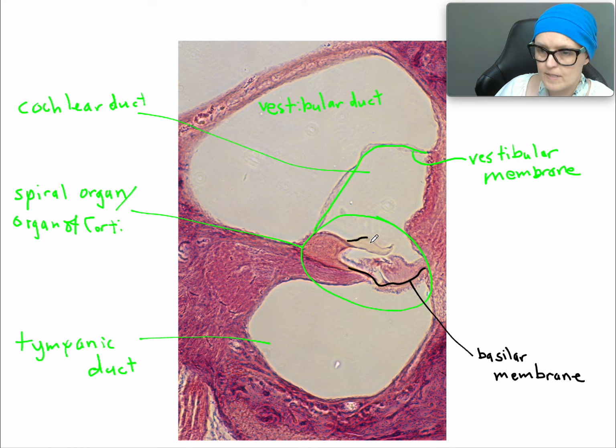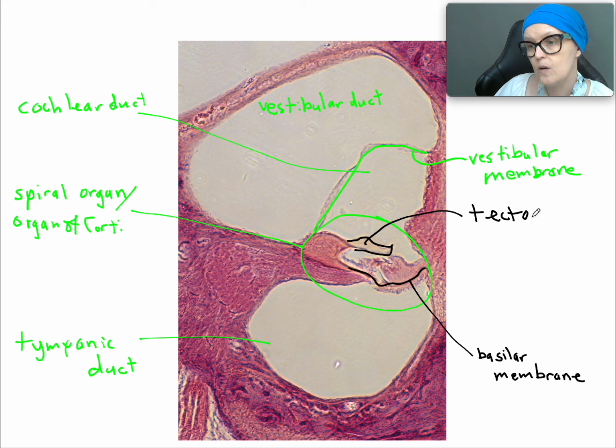Okay, and then what is this? Shaped like a tongue. And it starts with a T. Tectorial membrane. Make sure I'm spelling it right. T-E-C-T-O-R-I-A-L.